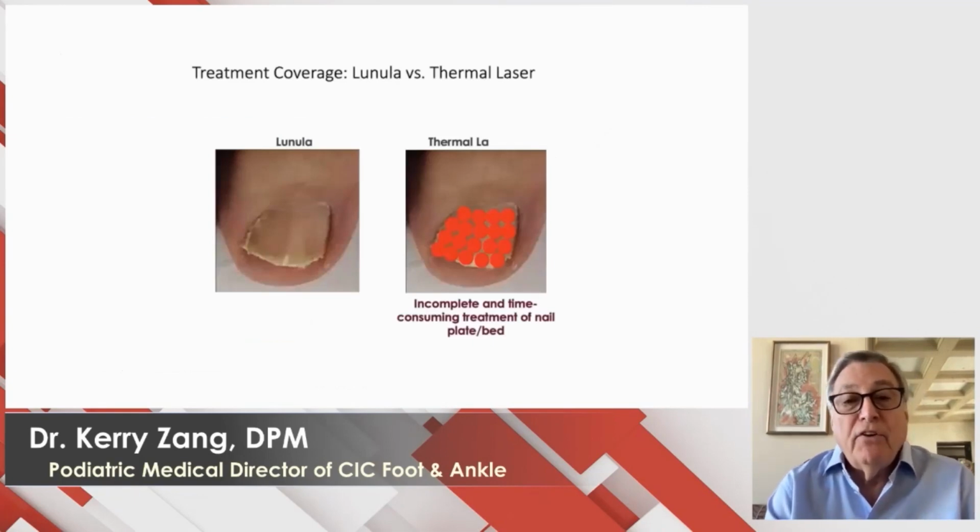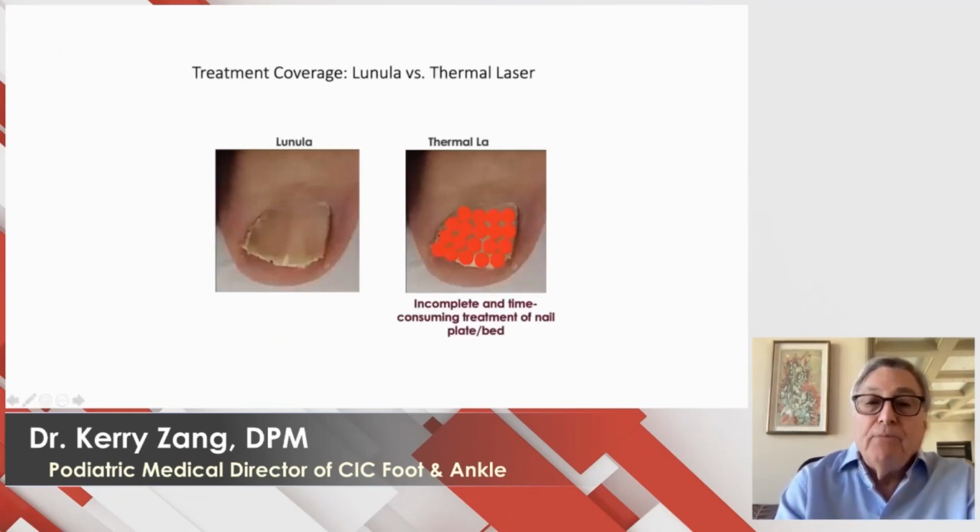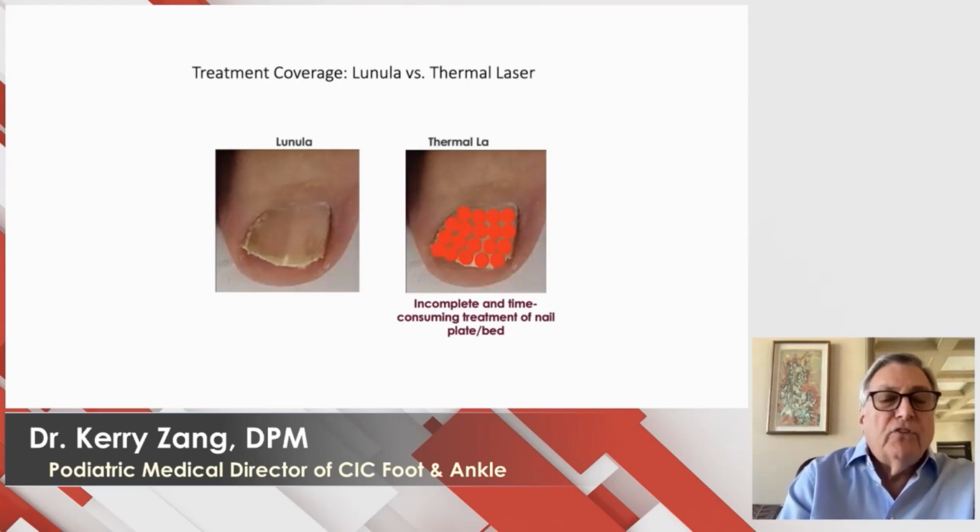When we talk about the coverage with the thermal laser, you can see you have to treat it with the spot size. You are unable to treat the germinal layer, and that's why there's such a high recurrence rate. On the dual diode laser, this covers the entire area. The beam is close to 8 inches.